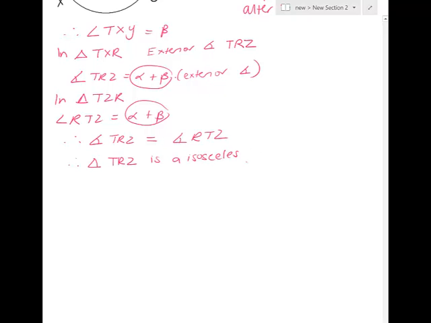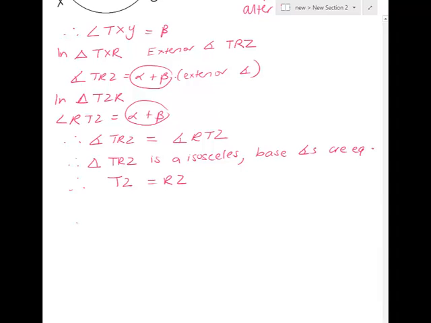The reason being base angles are equal. So if TRZ is an isosceles triangle, then TZ must equal RZ.